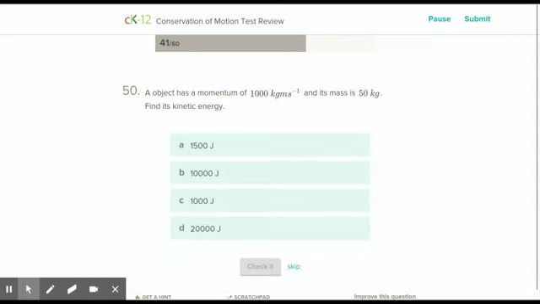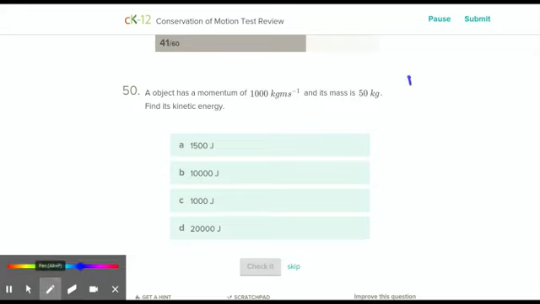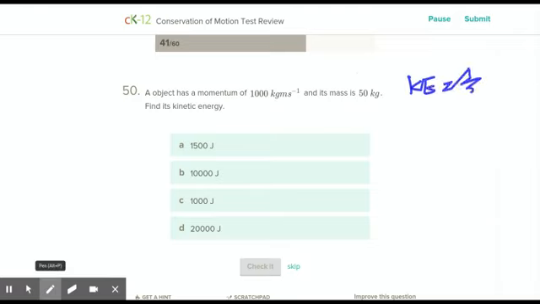Okay. An object has a momentum of 1,000 kilogram meter per second and its mass is 50. So you're looking for kinetic energy. Kinetic energy is half mv squared. We need to look for v, right? Momentum is mv.